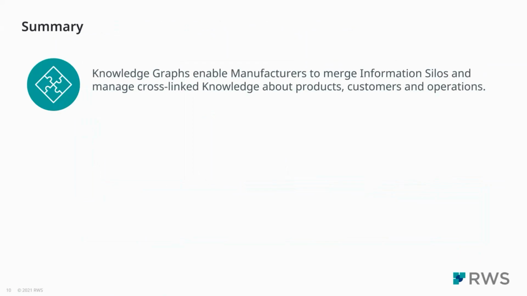Knowledge graphs actually enable manufacturers to merge information silos, or let's say information that is currently managed in silos, and manage cross-link knowledge about products, customers, and operations. So it is extending the current product-centric view towards customers and operations in terms of lifetime operation with connected products.